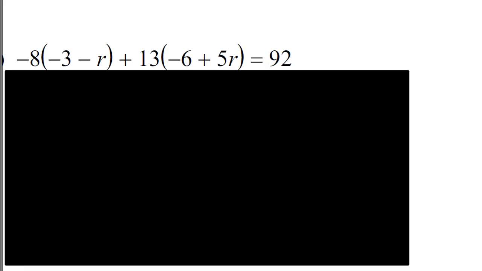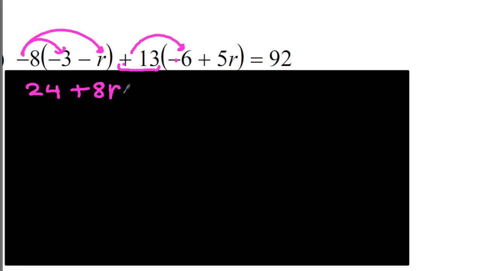Alright. Negative 8 times negative 3 is 24. Negative 8 times a negative r is positive 8r. Okay? Don't do this because you don't know if it's positive or negative yet. Then you do this right here. Positive 13 times 6.